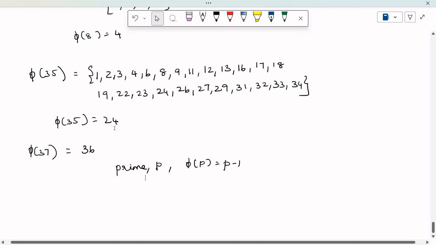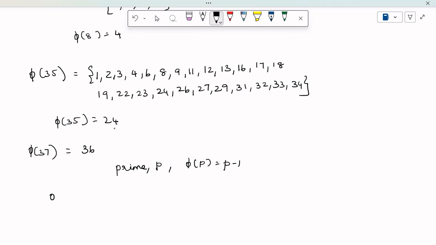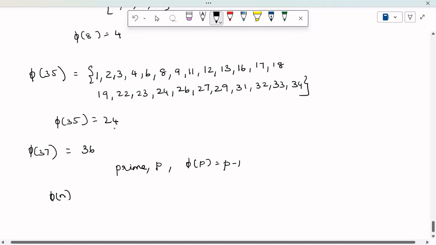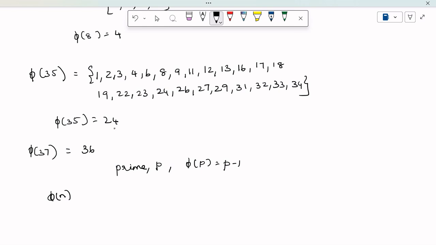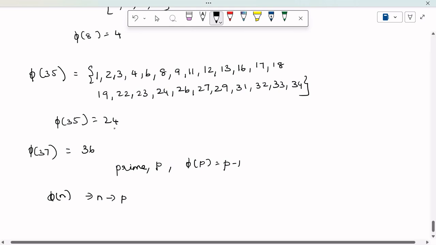So if I want to compute phi of n, if n can be factorized into prime numbers, so let us consider n is factorized into prime numbers p and q. Then n is equal to pq, right?